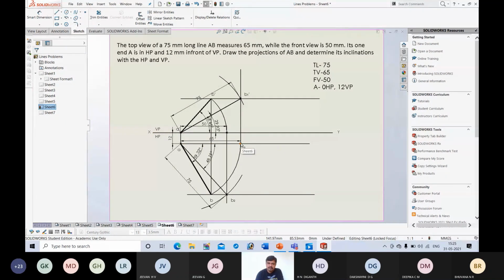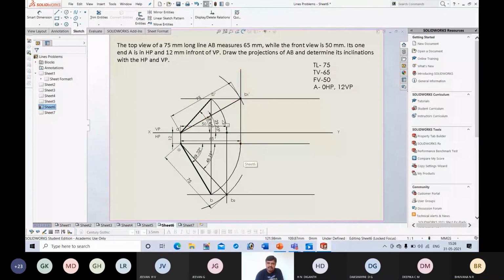Then if you project it to opposite plane, you are able to get the true length here. So this is the relation. You are rotating the top view till it becomes parallel to a plane of projection, that is till here. Then on the same line, if you project it, you are getting the true length line.